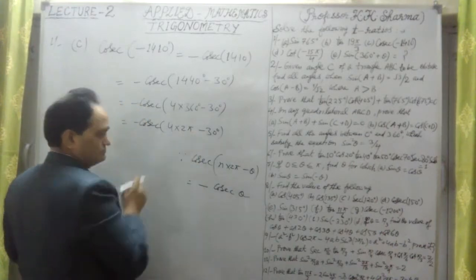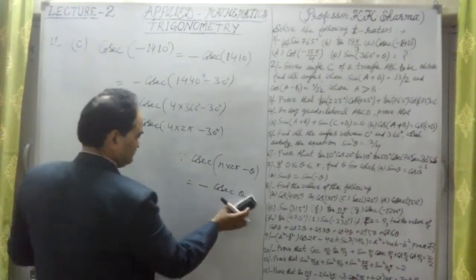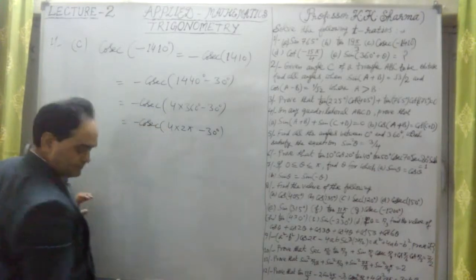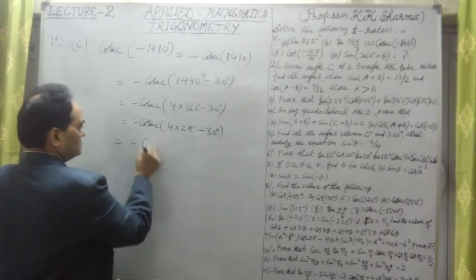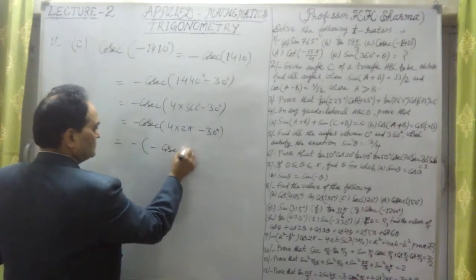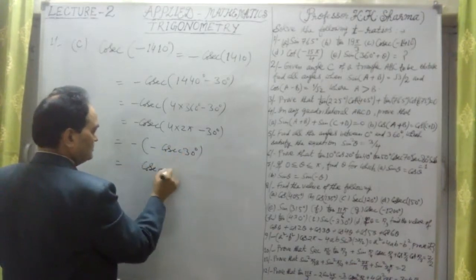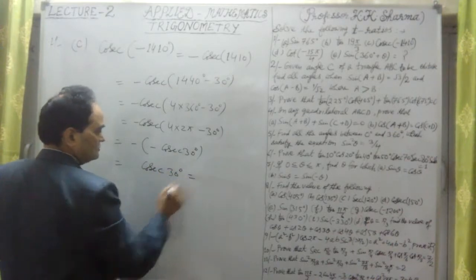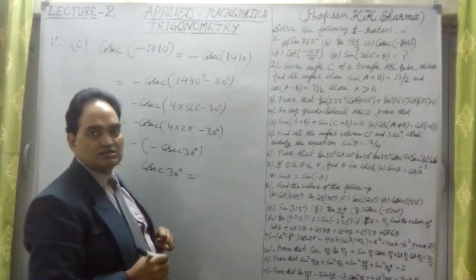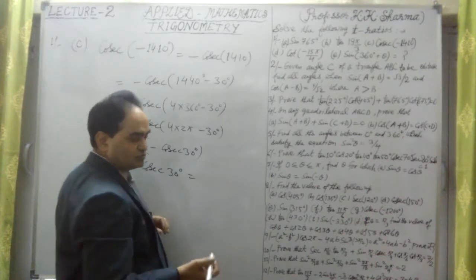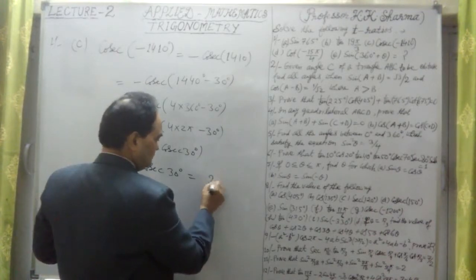This is further negative, which gives minus cosec 30 degrees, so the result is positive cosec 30 degrees. Now cosec 30 degrees is 1 upon sin 30 degrees, and sin 30 degrees is 1 by 2. So this is 2 only.